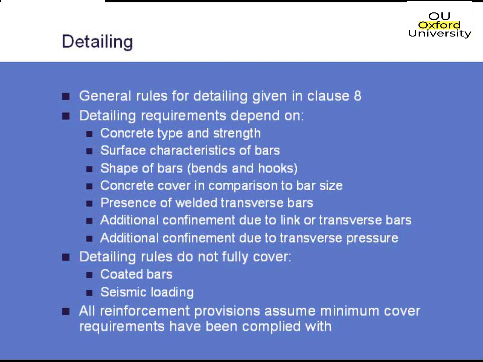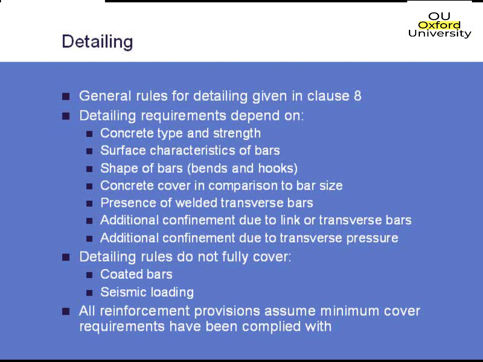and it allows you to take advantage of that if you want to. The detailing rules in the Eurocode do not fully cover things like coated bars. So if you had a coating on your bar, the coating may affect the bond characteristics of the bar, and therefore it's not really properly taken into account by the detailing rules that are given, and you have to do some further work to quantify what the bond actually is.